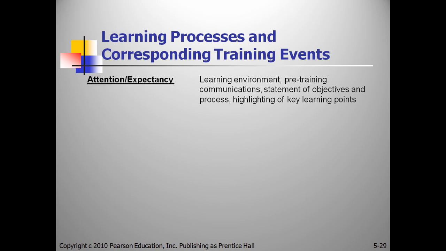Various learning processes require corresponding training events. This is a common sense statement that requires a certain depth of insight to correlate the two. By knowing that retention is needed, for example, there might be a training event that supports the process that gains retention.